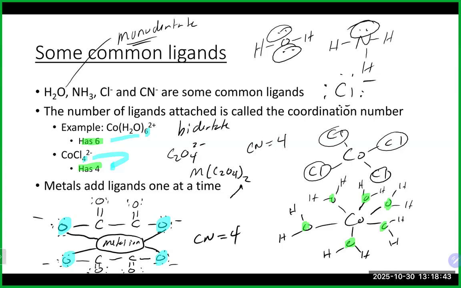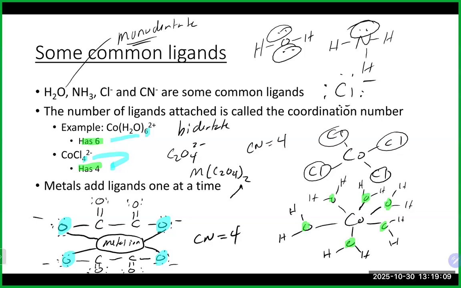So it does depend on the ligand as to how many places it could attach, as to what the proper coordination number is. And again, if you have a bidentate, you get 2 for 1. There are some that attach in 3 places per ligand. There's some that attach in like 6 places or 8 places per ligand. They attach in a lot of places. So very common coordination numbers, though, are 2, 4, and 6.